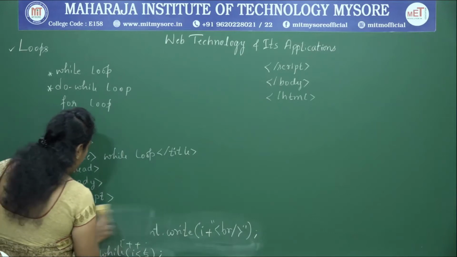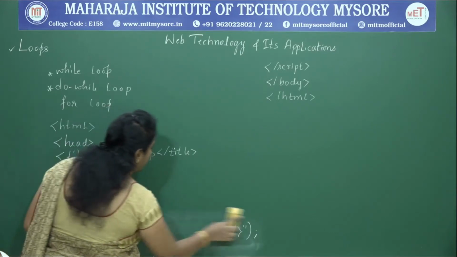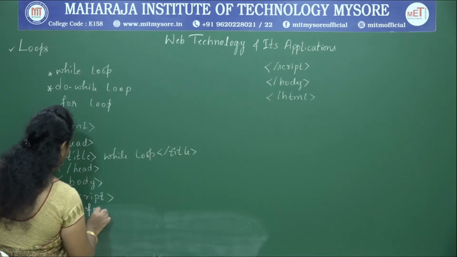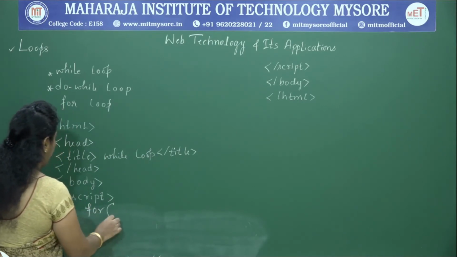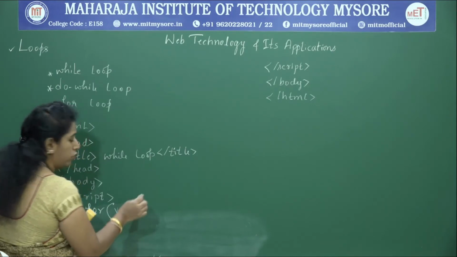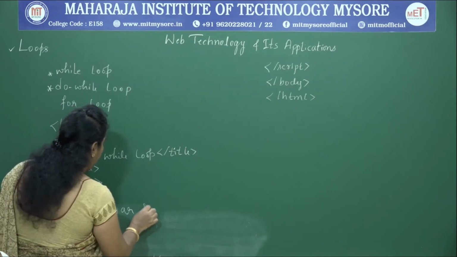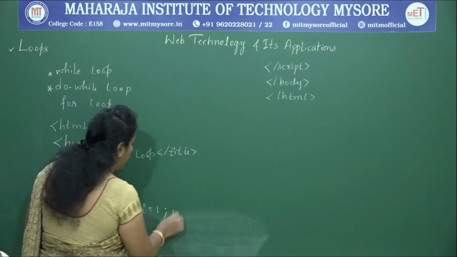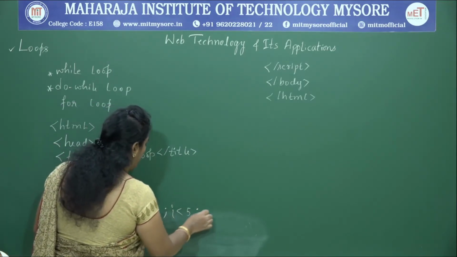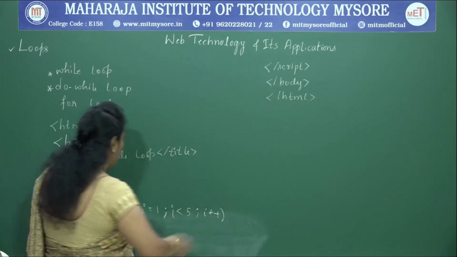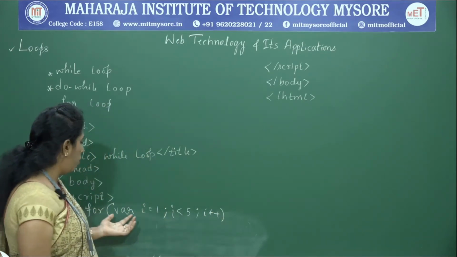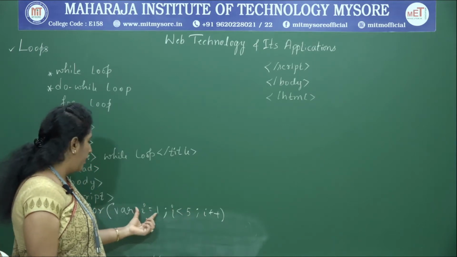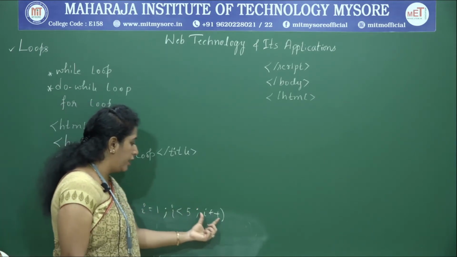So in our example, how can we use a for loop? I have not declared the variable, so inside here you can declare i is equal to 1, separated by a semicolon, i less than 5, i plus plus. Now a for loop has three expressions: expression 1, expression 2 and expression 3.